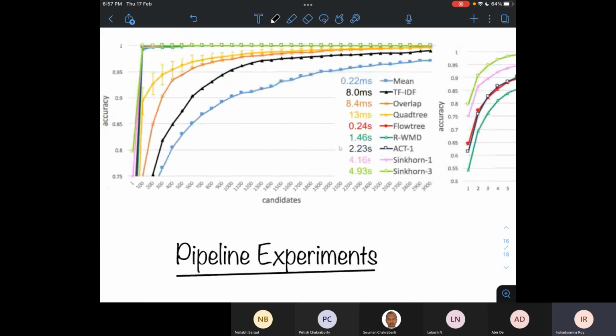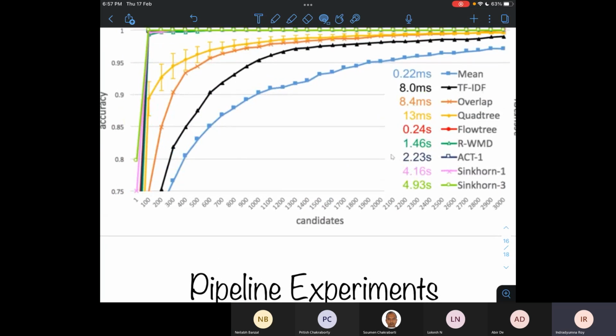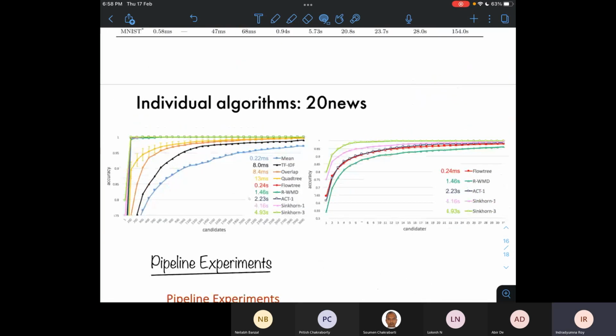The number of candidates, the k value, is on the x-axis, and all the n square methods are right up there. So they are extremely accurate. For k less than 100, they're pretty much close to 1, and the order n methods suffered greatly. There's a significant gap. And now flow tree is right up there with the order n square methods.